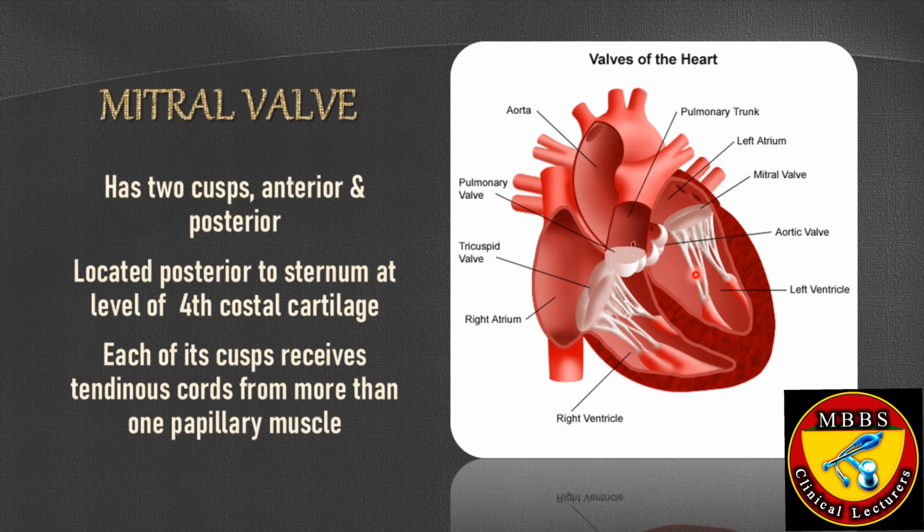The chordae tendineae are attached to the two leaflets of the valve, and they come down and attach at the apex of the papillary muscles. The papillary muscles project inside the lumen of the ventricles, their base is attached to the myocardium, and the apex is free, receiving attachment of the chordae tendineae.